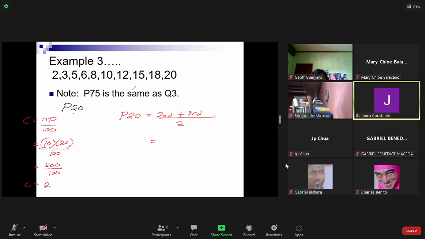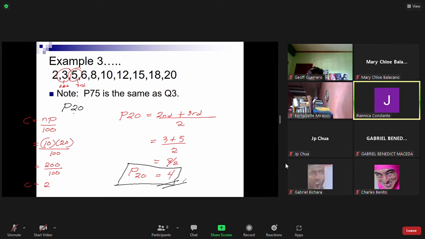The number in the second position is 3, and 5 is in the third position. Divided by 2, which is equal to 4. So percentile 20 is equal to 4. So the value in the 20th percentile is 4.